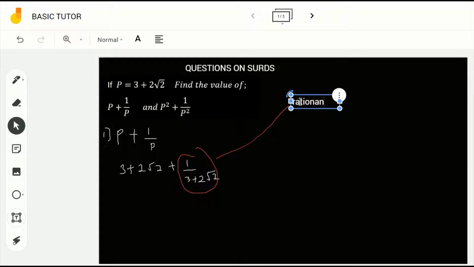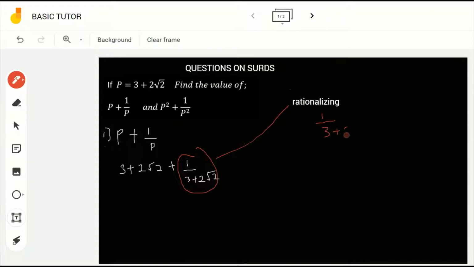So to rationalize 1 over 3 plus 2 root 2, it gives us 1 over 3 plus 2 root 2.